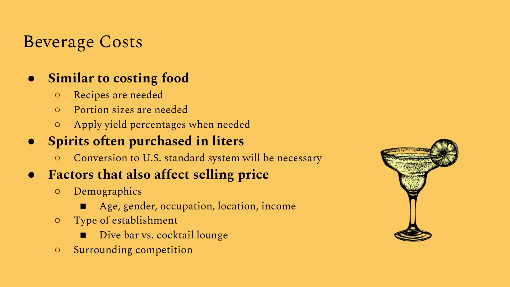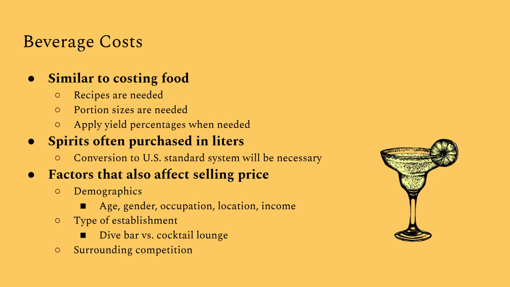And factors that also affect selling price. This also applies to food as well. We're just now talking about it with beverage costs. So this is everything that you'd want to take into consideration when setting a selling price. Obviously, the demographics. Who is your clientele? This is a fact that cannot be ignored, and this goes beyond our math portion, so I can't get too much into it.